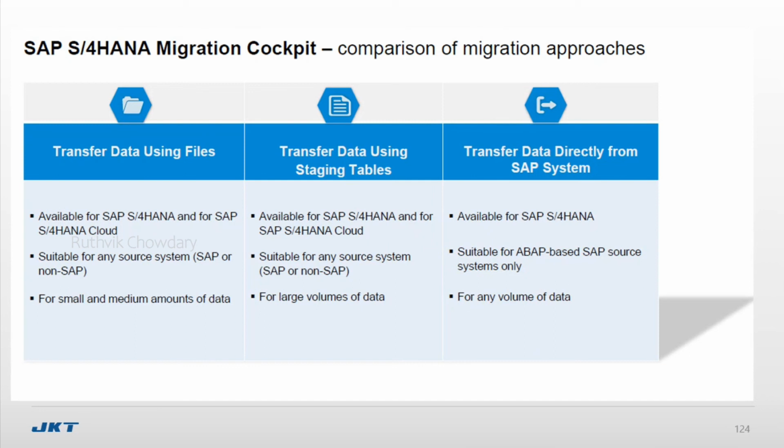If the data volume is big, for example you want to upload almost 10,000 vendors or more, then you will go with the staging table option. But with the direct transfer option, you can use any size of data, whether small or big. But for Excel file and staging tables, you will make the selection based on the data volume.